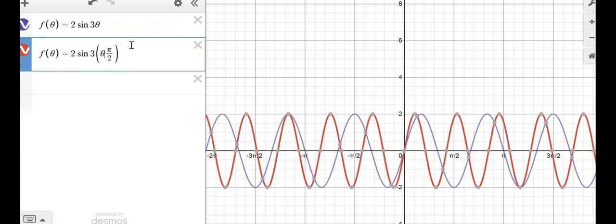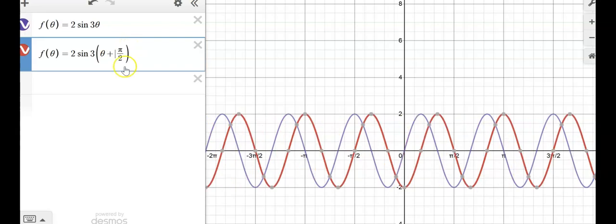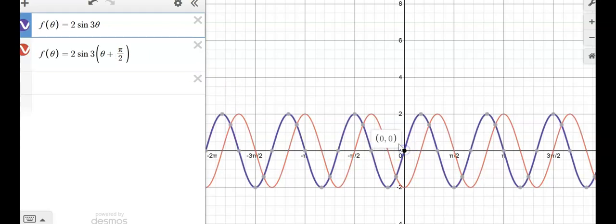If we do theta plus pi by 2, what will happen? Well, have a look. If we talk about the original function, if we put theta 0, it's 0 here. Now, what will you do with this theta in the second function so that this total thing becomes 0? If we have plus pi by 2, we write minus pi by 2 there, so that will be 0. 3 times 0 will be again 0.